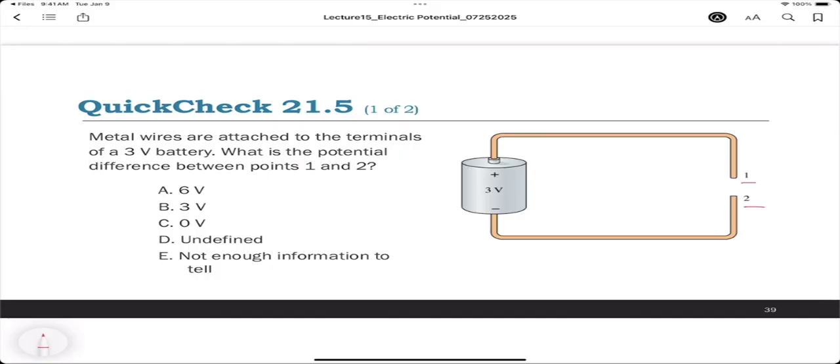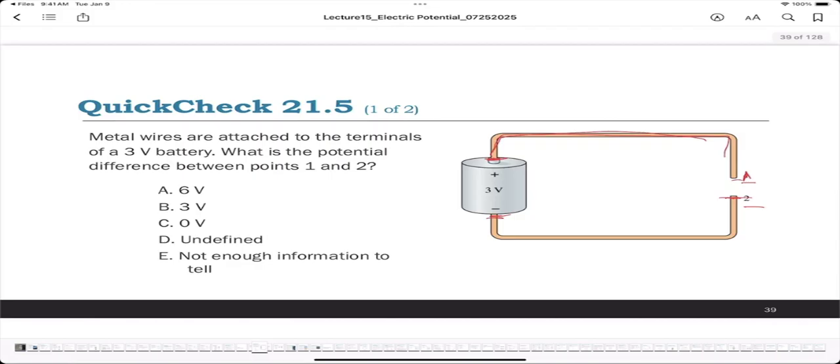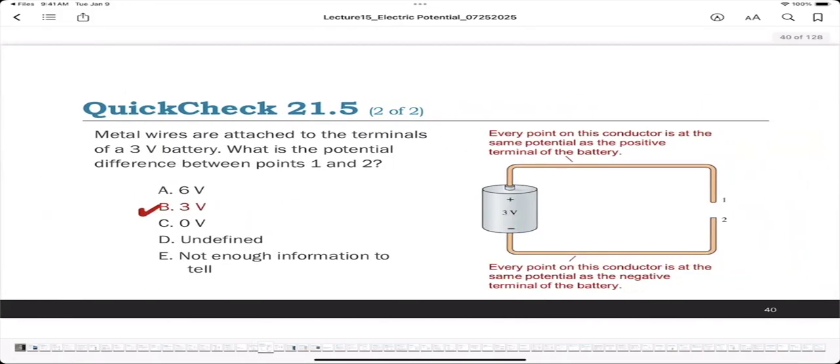You can see here there is a circuit, but it's disconnected. Because there is a metal wire, this one is just similar to this one, and this one is just similar to this one. So the potential difference should be 3 volt. That makes sense to you?